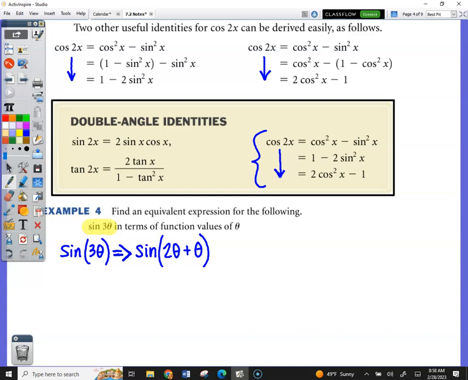Now what we're going to do is go to your 7-1 formula. So flip your notes backwards, or look at your yellow formula sheet, and go to the sine sum formula.